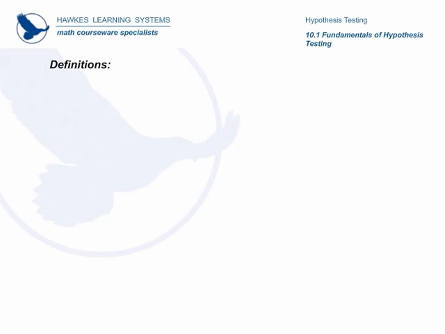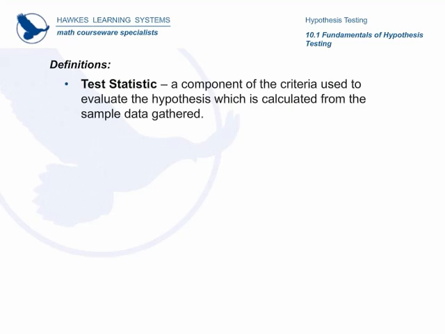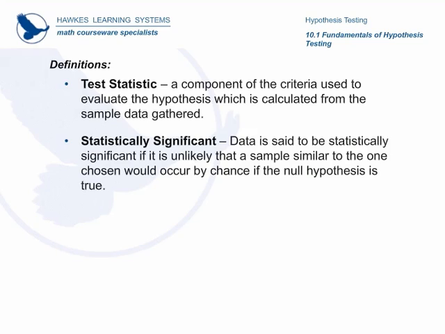Next, let's look at some additional definitions to help us increase our understanding of hypothesis testing. First, we have the test statistic, and that's a component of the criteria used to evaluate the hypothesis, which is calculated from the sample data gathered. Then we have what's statistically significant.